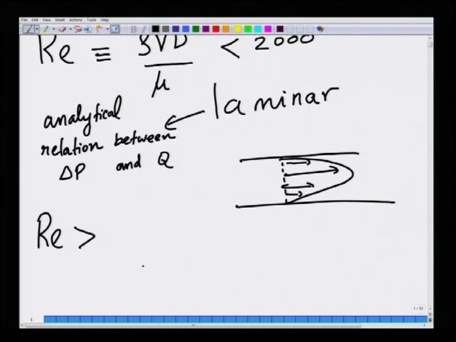That is a very simple expression that we wrote down in the last couple of lectures. Okay. Now, when the flow is not laminar, then we have to take recourse to experiments, that is when the Reynolds number is greater than 2000, the relation between delta P and Q that was derived by assuming the flow is laminar is no longer valid. Therefore, we have to now take recourse to experiments.